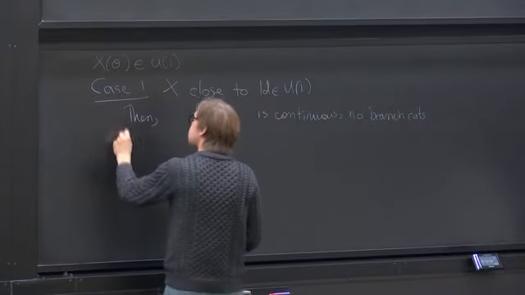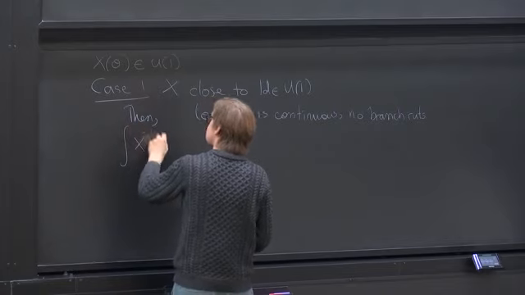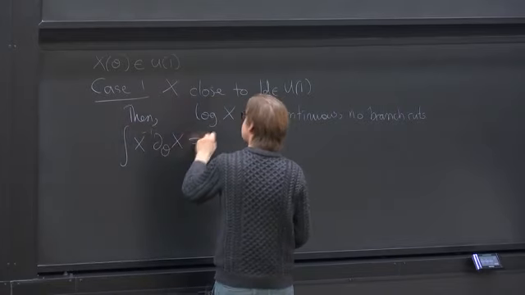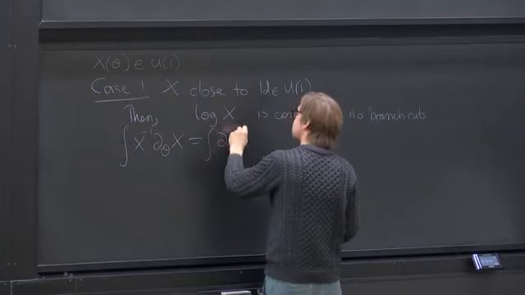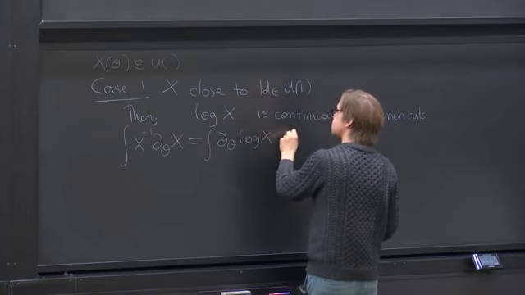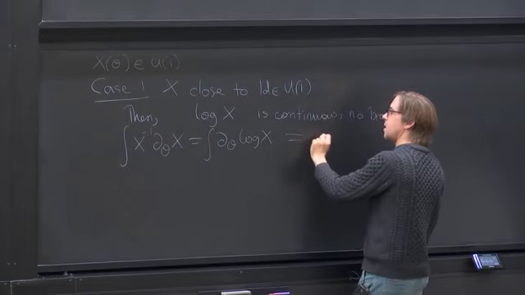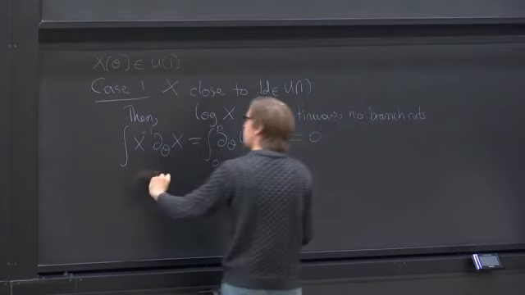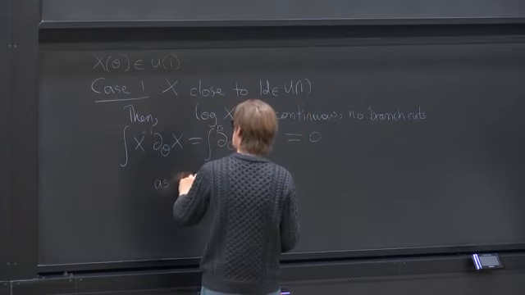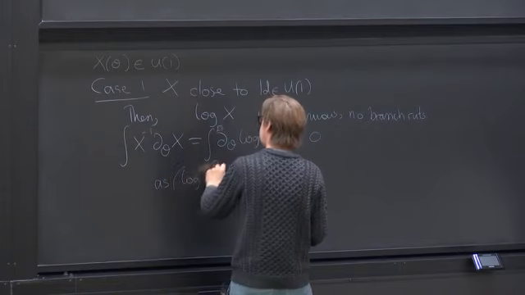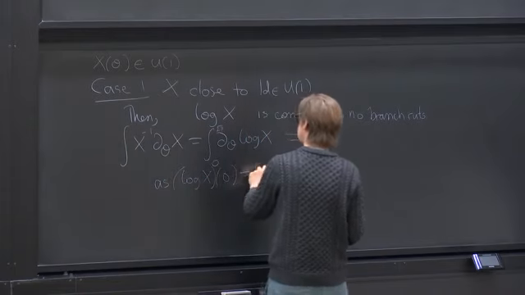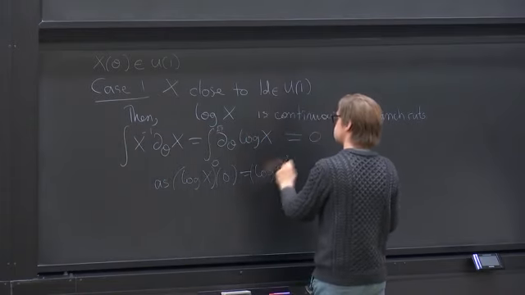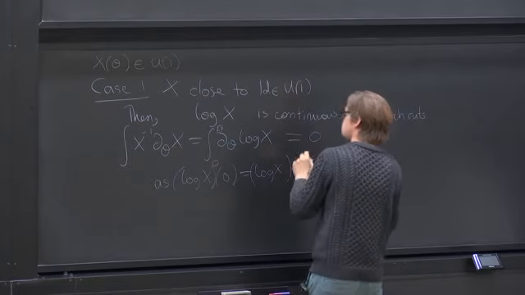And then the integral of x inverse partial theta x is the integral of partial theta log x, which is equal to 0, as log x at 2 pi is equal to log x at 0. Okay.